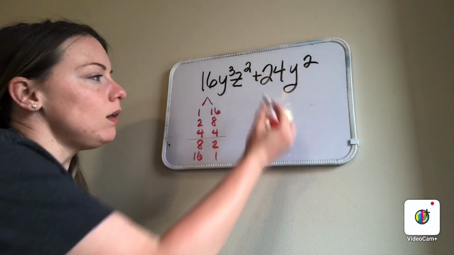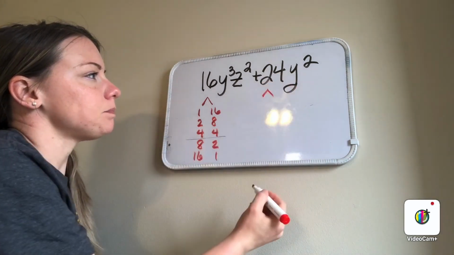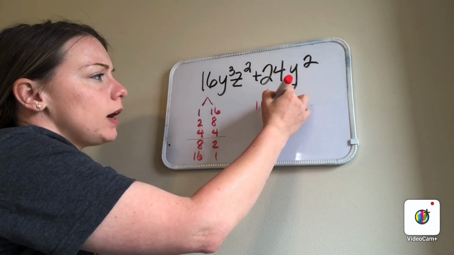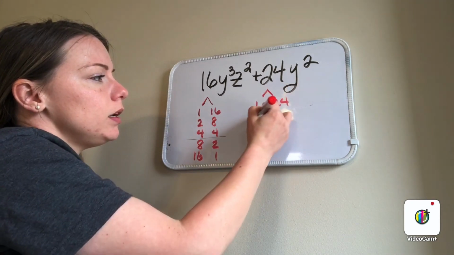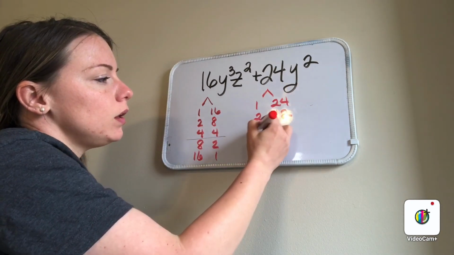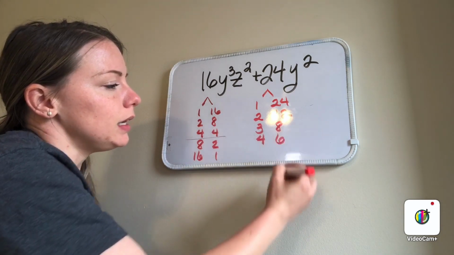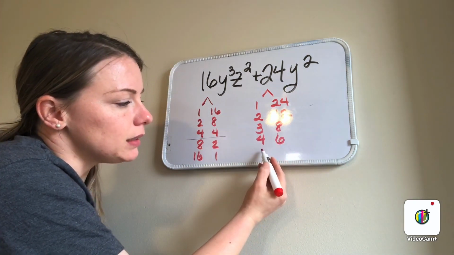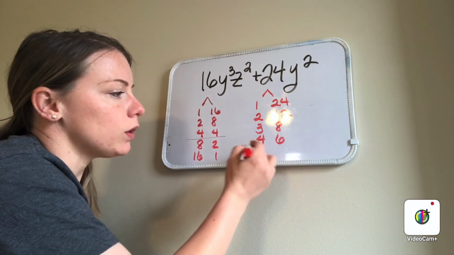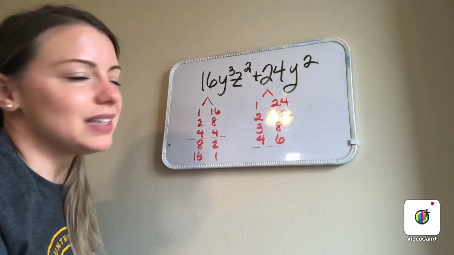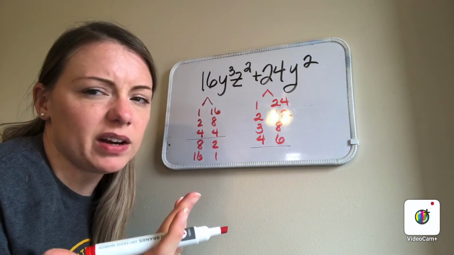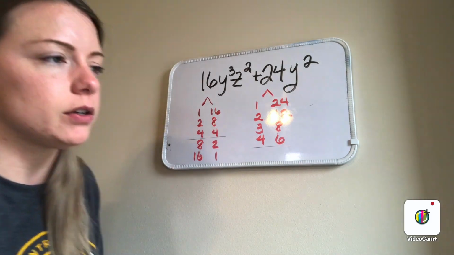Now let's look at 24. My factors of 24: 1 and 24, 2 and 12, 3 and 8, 4 and 6, and then my next would be 6 and 4. I don't have to list anything past that because I've already listed all those sets of factors.